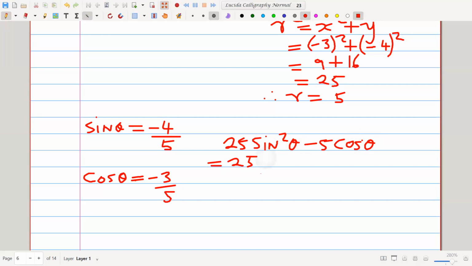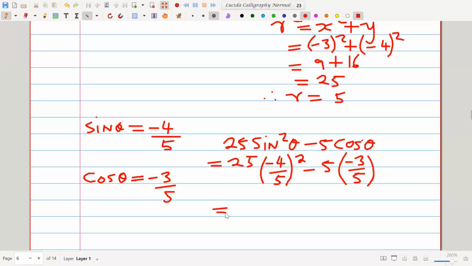We know sine theta is actually -4. We just found it here. Going to be -4 over 5. But it's squared, so it should have square. We are squaring this value. And then -5, where we see cosine, we can put -3 over 5. The problem is almost solved.